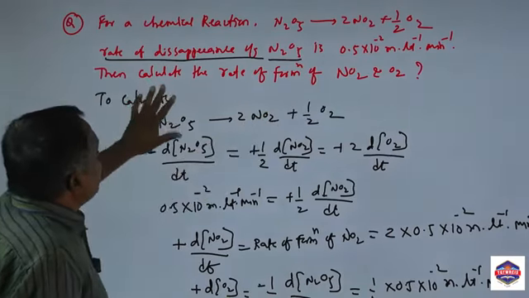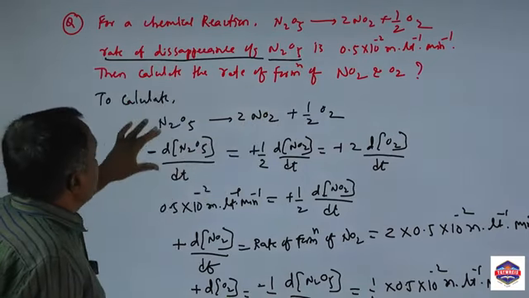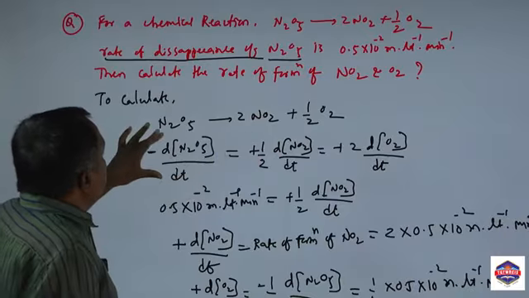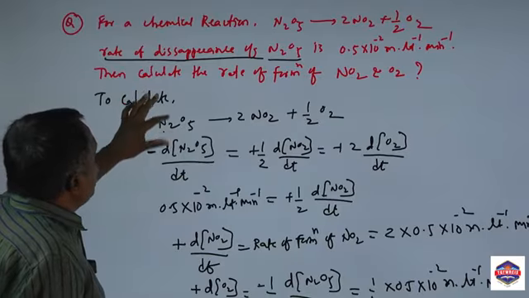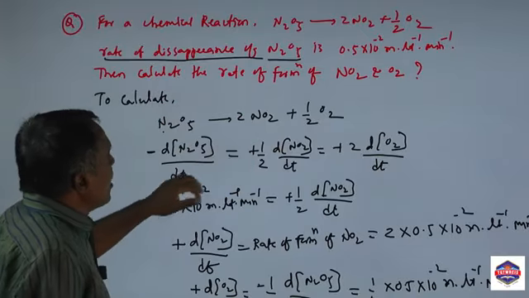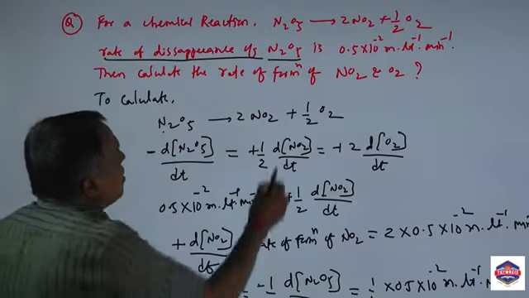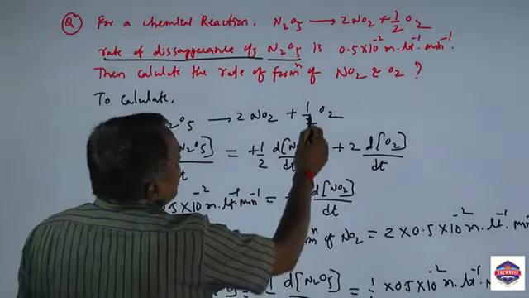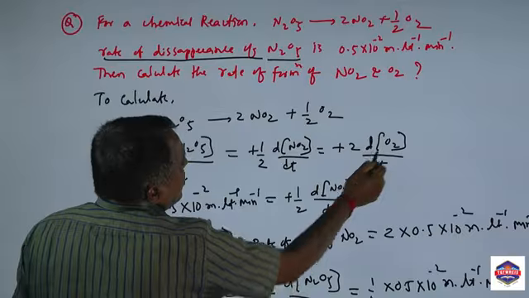To calculate the rate of formations of NO2 and O2, first you write the rate equations. This is the rate of N2O5. It must be equal to plus 1 by 2 dNO2 by dt as per the stoichiometric equation, and it is equal to the reciprocal, that is 2 dO2 by dt.